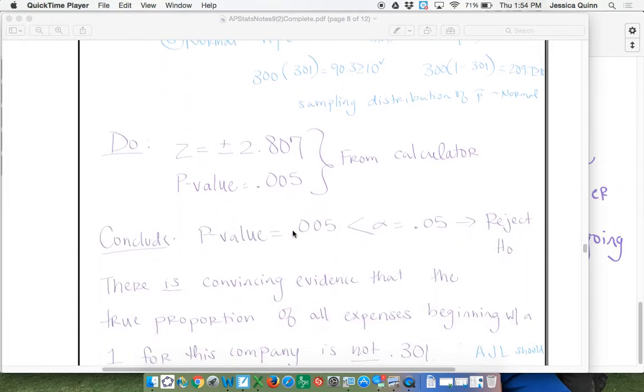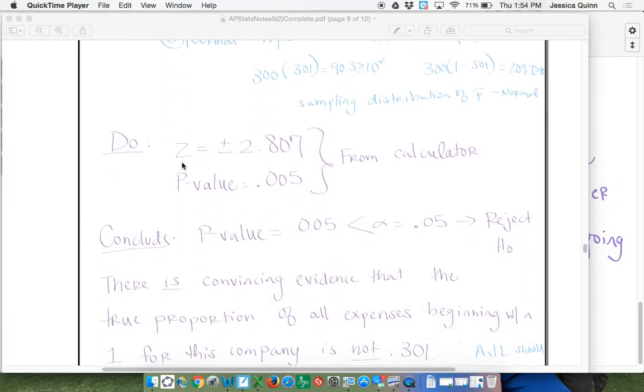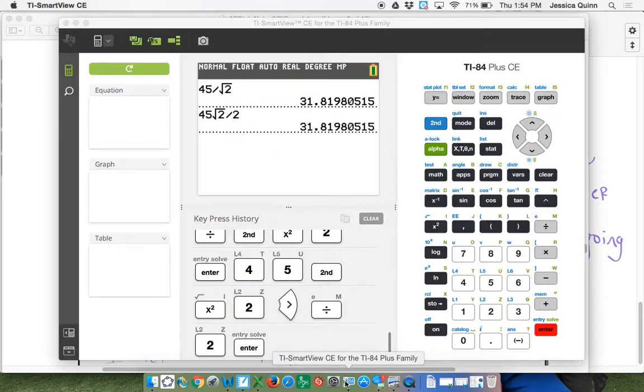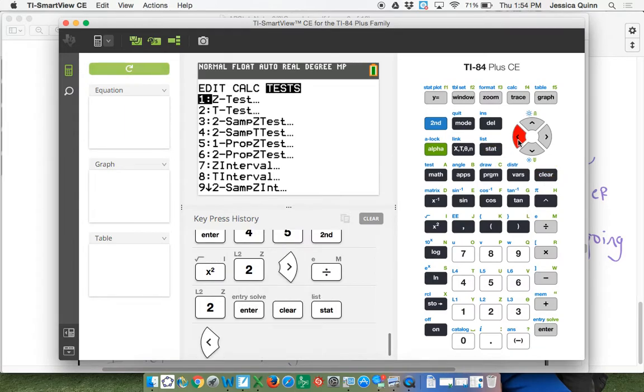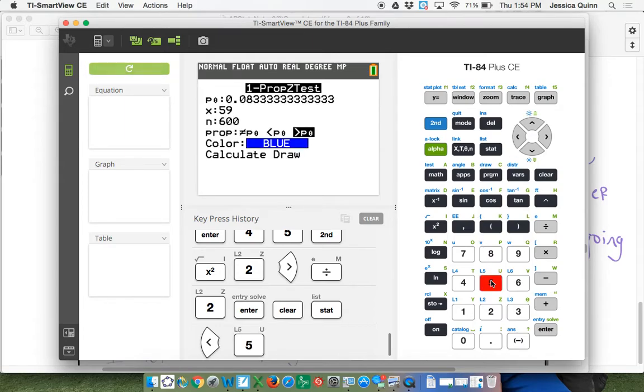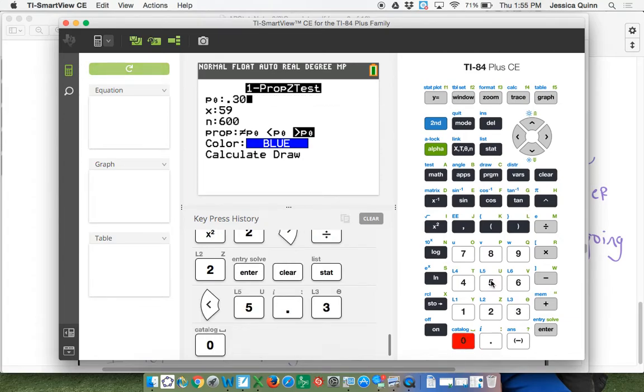Okay, so then for our do, when you plug all of this into your calculator and you do the same thing that we did before, we would go to stat, and we would go over to test, and then 5 is our 1 prop z-test. So now in this case, our claimed value is 0.301.